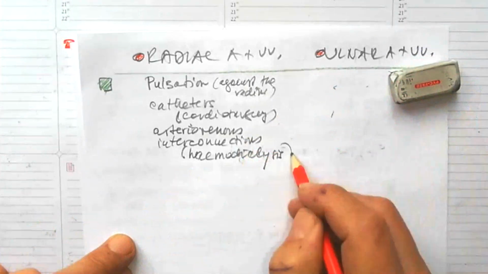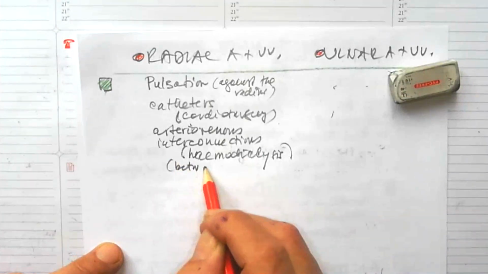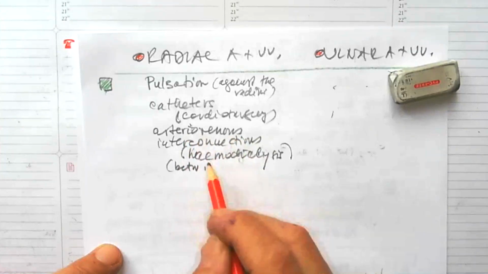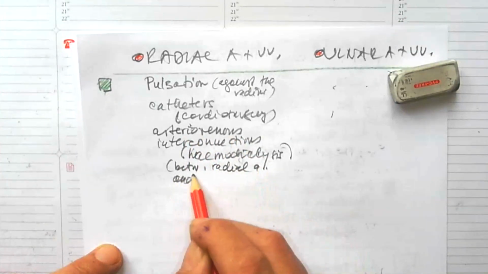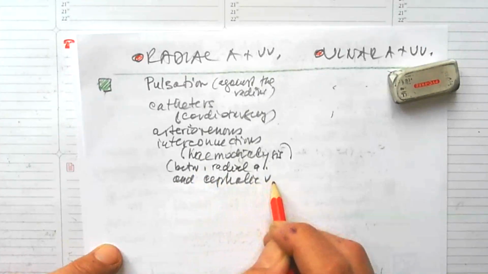That means, because it's arteriovenous, between the radial artery and the cephalic vein. That's it.